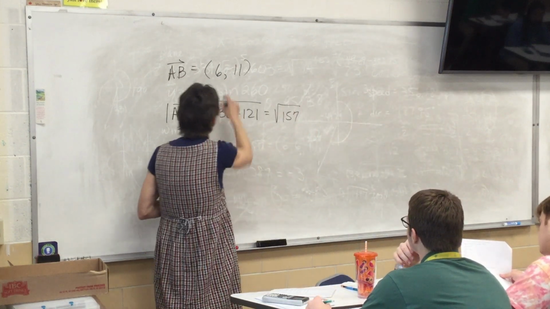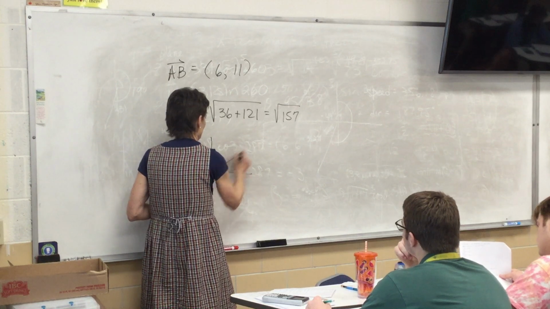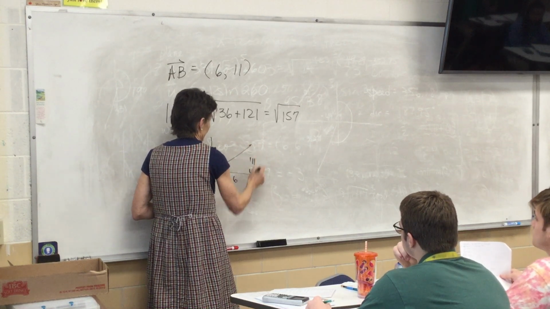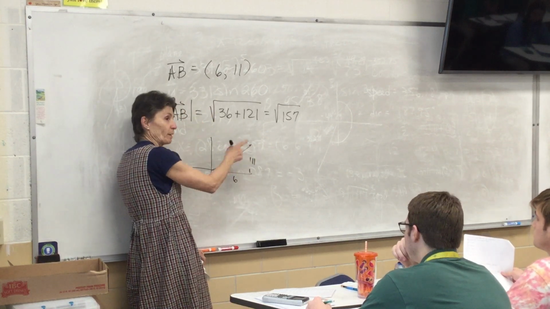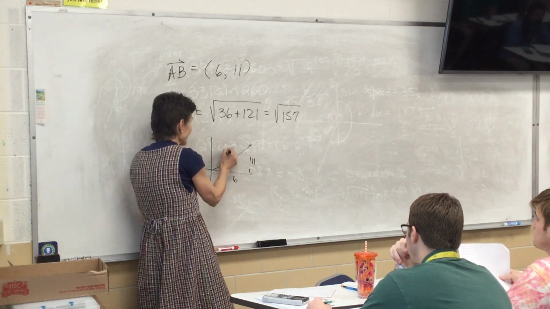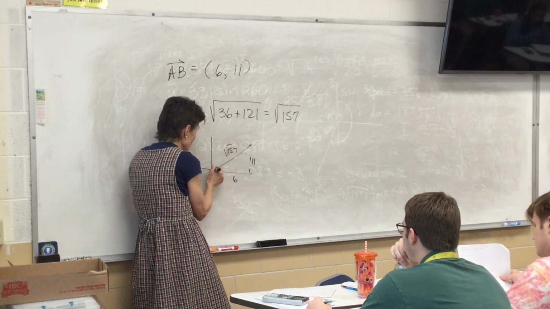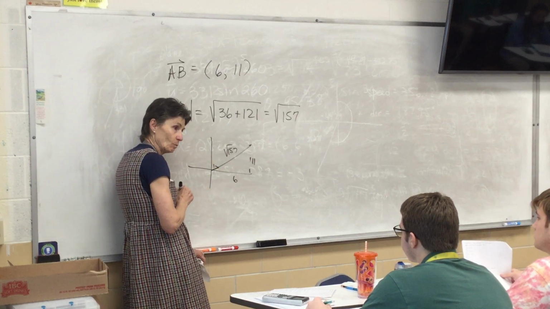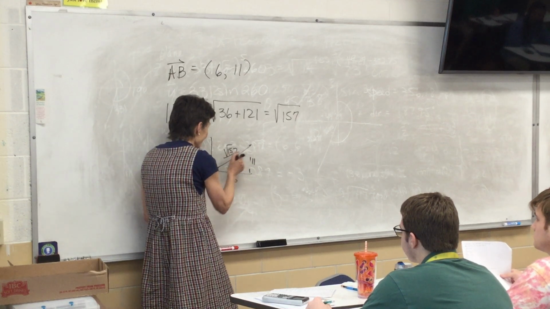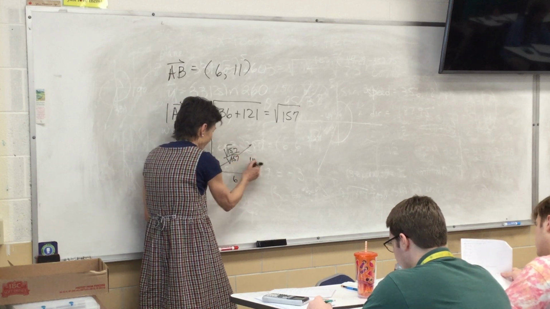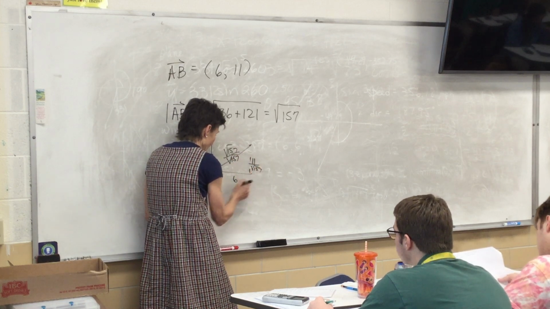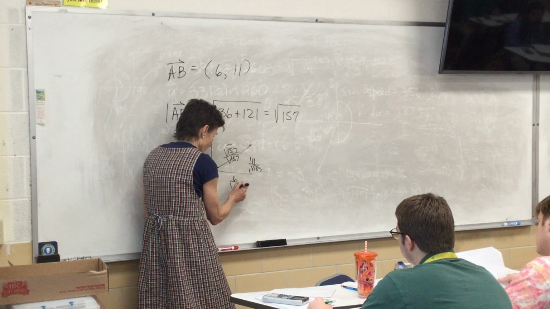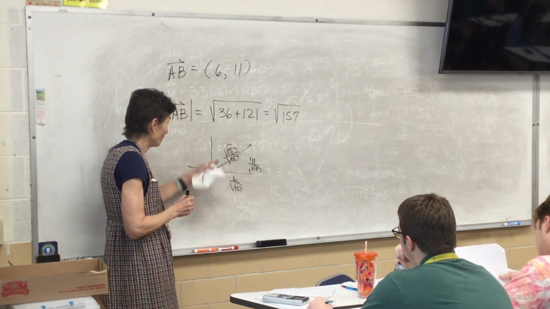So this vector 6, 11 looks like this. My proportion's not good, but this is what it looks like. I can make this a unit vector, in other words, have a length of 1, by just dividing everything by the square root of 157. Now the length of it would be 1, right?